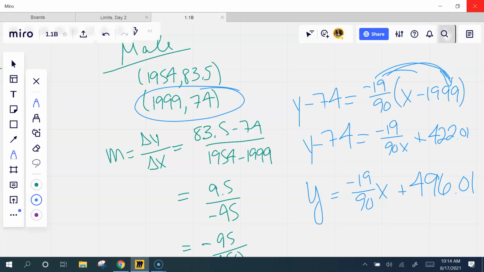You see what I'm saying? Or they let x be the number of years since a certain year. Right. But this is fine.